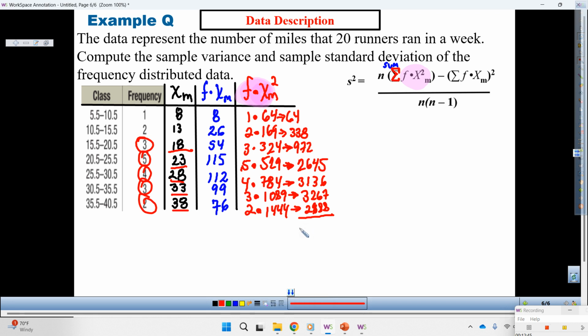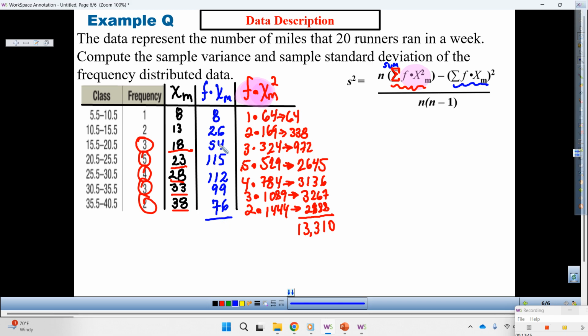Woo! Martin, what'd you get? Okay, we'll wait for Martin. 13,310. Looks about right. Now that is for this part. Look up for this part. But they also want us to find the sum of the midpoint only. So calculators, find the sum of frequency times midpoint.